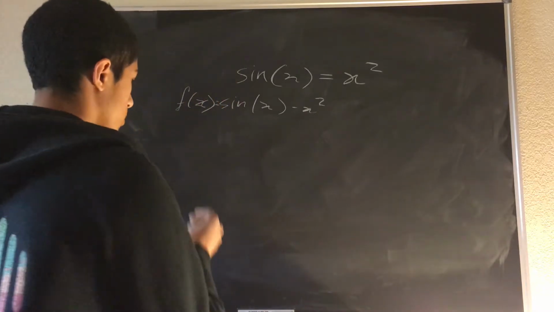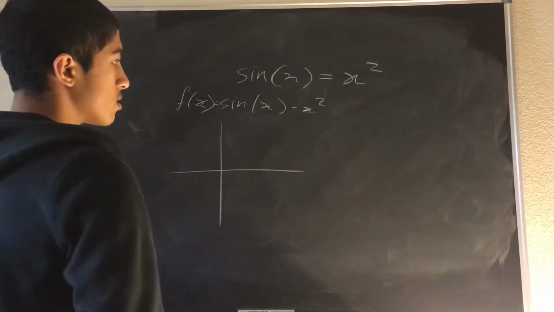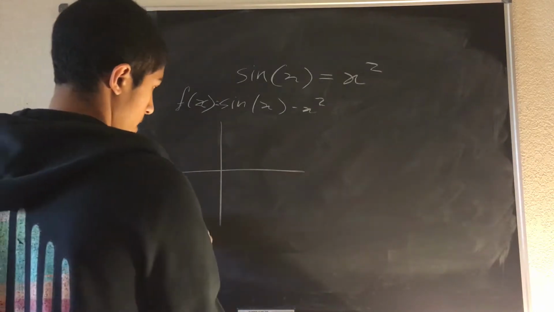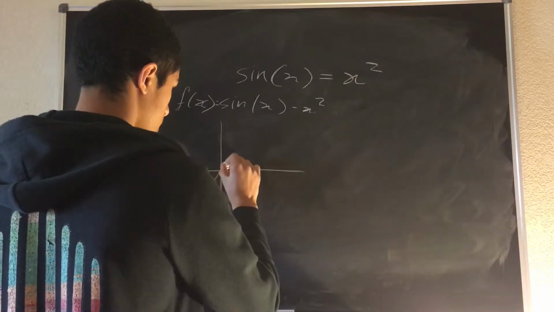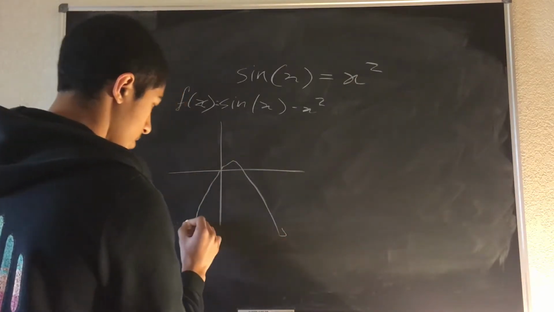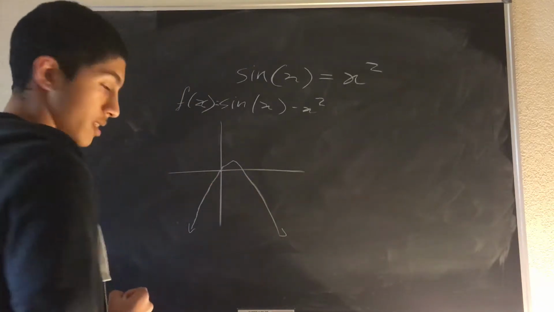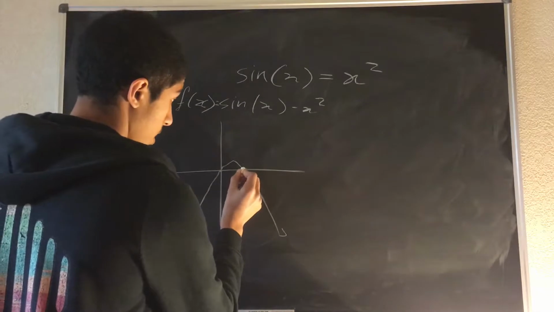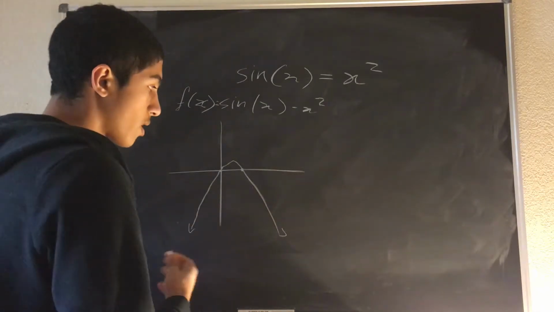Now, sine x equals x squared, there's already one very apparent solution. It's simply 0. And the graph of sine x minus x squared looks something like that. Bad graph, but that's basically what it looks like. And it has one x-intercept here at 0, and it has another x-intercept here, which we don't know, but which we're trying to approximate.